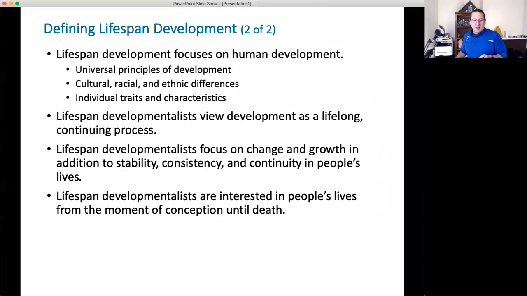All right. So lifespan development focuses on human development. And again, what we've experienced in the last probably 30 years is the inclusion of different cultures. Because we've made some striking changes in how we interact with other cultures, either diplomatically, at a government level, or maybe we've even visited or lived in cultures that are different from ours, right?